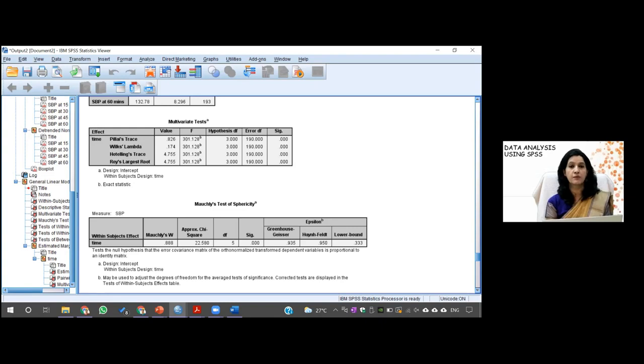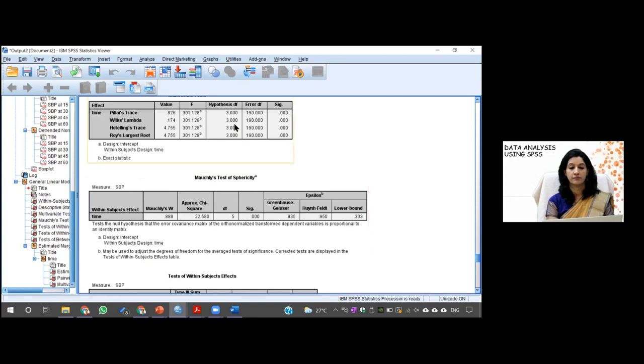But in this case, if you see the systolic blood pressure reading and the value of Mauchly's test of sphericity, this value is less than 0.05. So this assumption is not met.